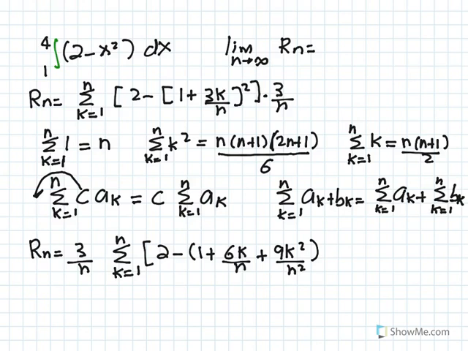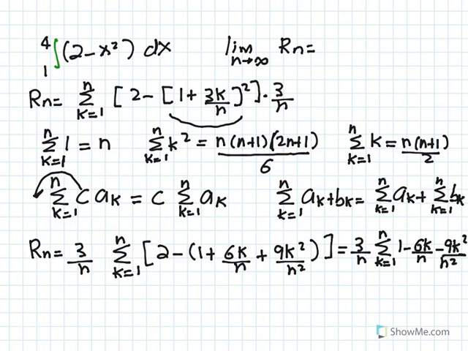And we basically got that by squaring this term, 1 plus 3k over n, all squared. All right, and this is equal to 3 over n times the summation, k goes from 1 to n, of 1 minus 6k over n minus 9k squared over n squared.